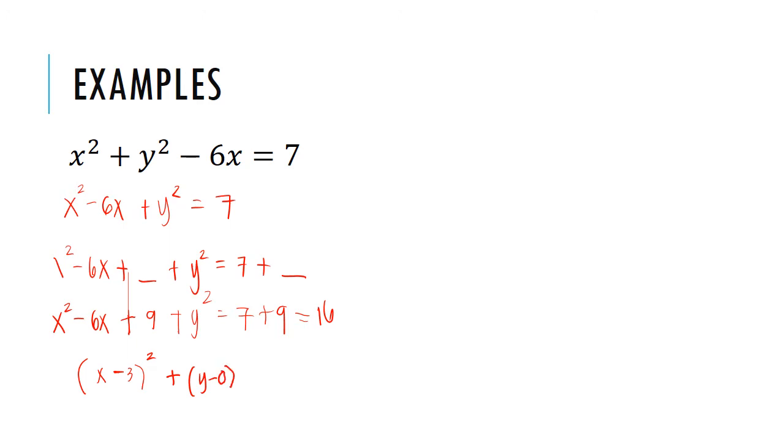Y minus 0 squared. Wala namang pinagkaiba yan sa y squared kasi 0, pero para lang makita natin yung h and k. Equals 16 is equal to 4 squared. And therefore, by inspection, since naka-standard equation na tayo, ang h natin ay 3, ang k natin ay 0, ang r natin ay 4. So, ang center natin po ay at 3, 0, and radius is 4.